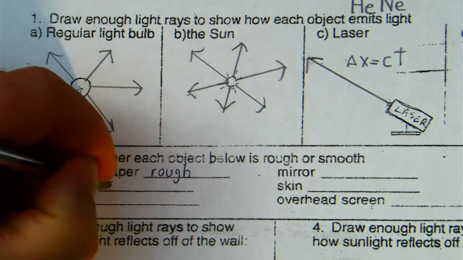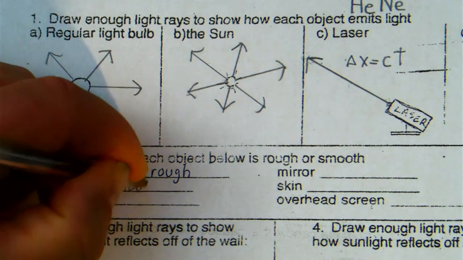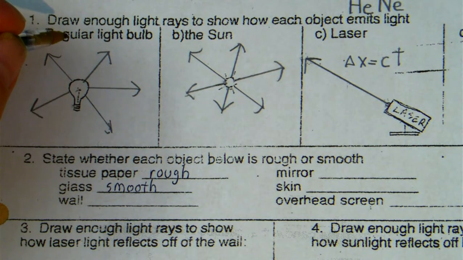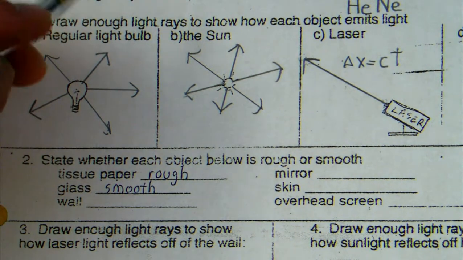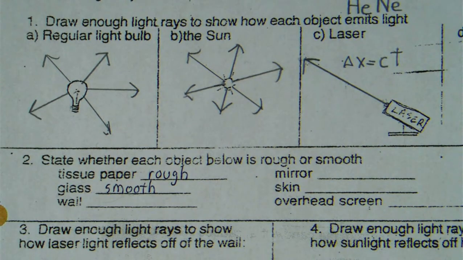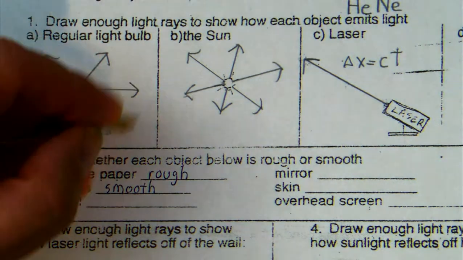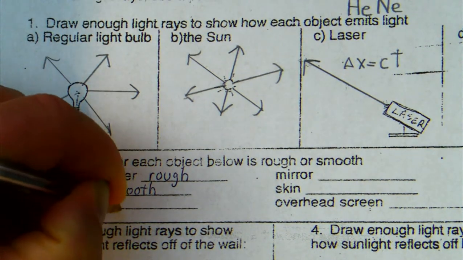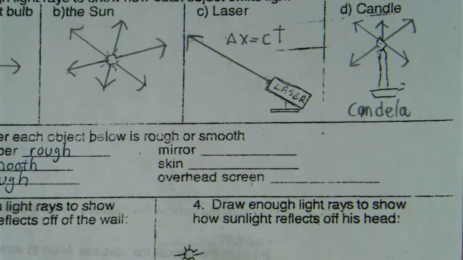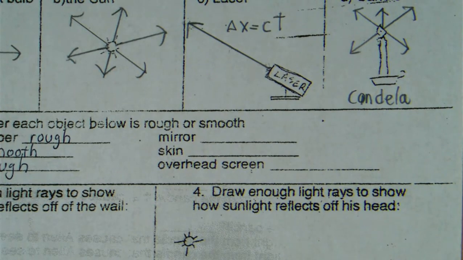All right, student says smooth, and that is correct. We consider glass to be a smooth surface. Now, I'll just leave it at that for the moment. How about a wall? Yeah, a wall would be considered a rough surface. How about a mirror?